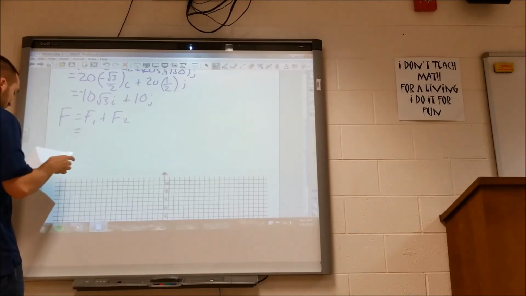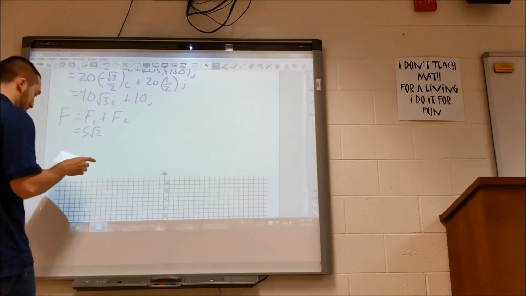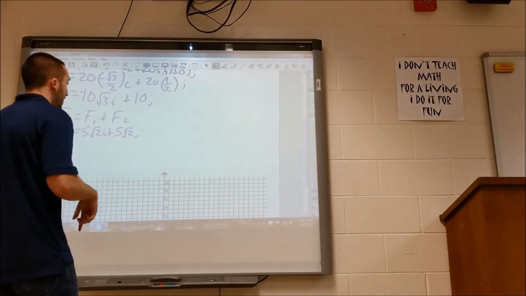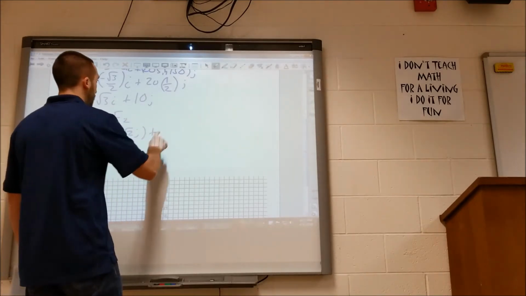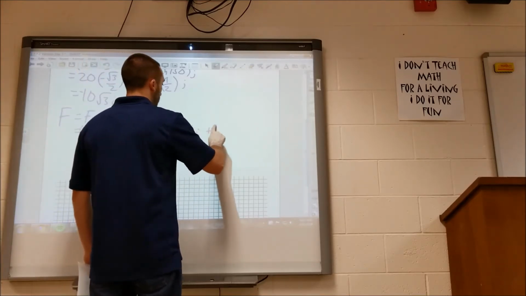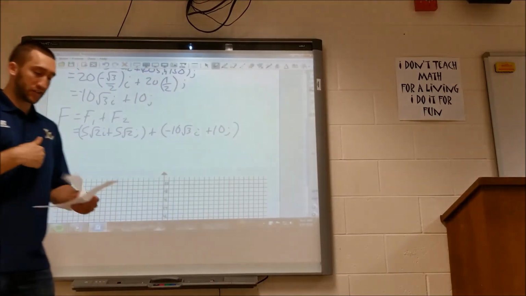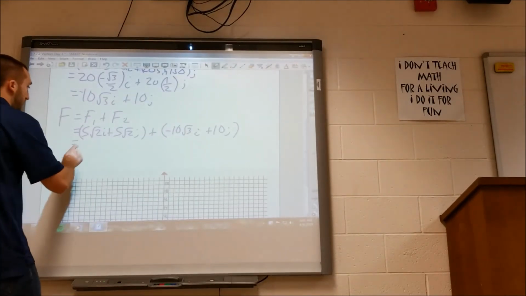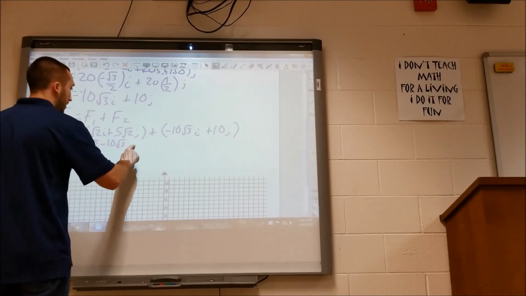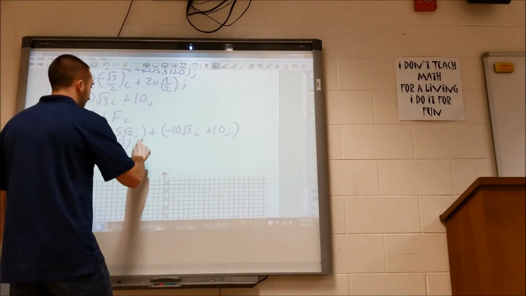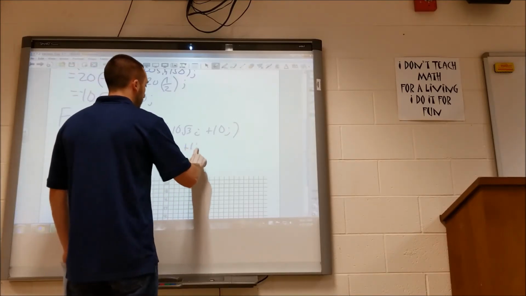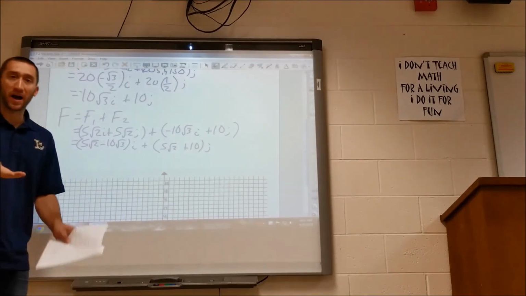We know F1 is 5 radical 2 I plus 5 radical 2 J, and we add that to F2, which we just found is negative 10 radical 3 I plus 10 J. Now again, just combine like terms. So we get 5 radical 2 minus 10 radical 3, and all of that is our I, plus 5 radical 2 plus 10, and all of that is our J.